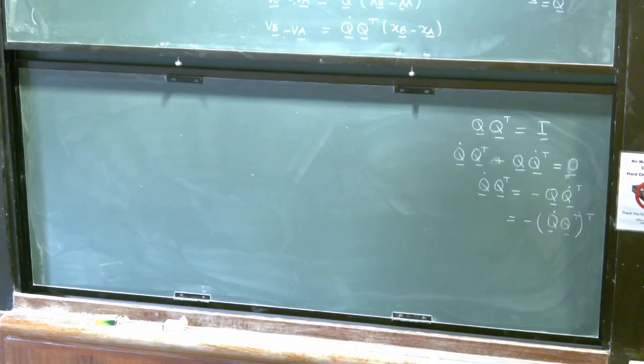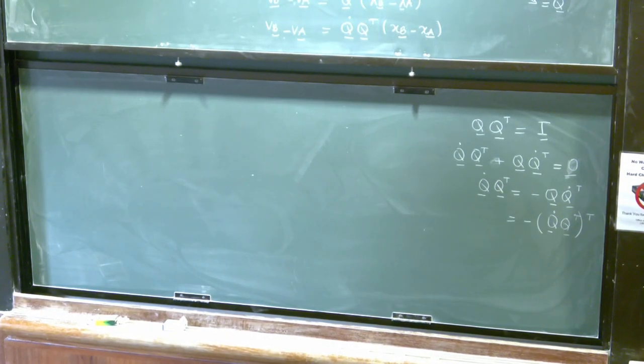You can double check that its transpose is its opposite. How many independent scalar components does this skew-symmetric matrix have? 3, like a vector.